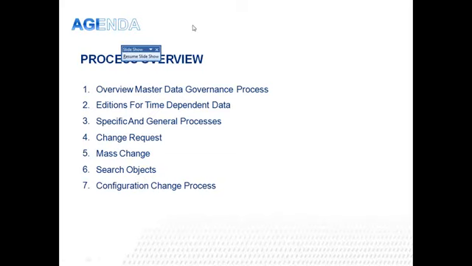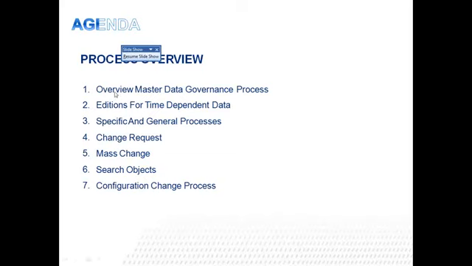In the agenda here we discuss all about the process, how the connectivity happens, what the different staging areas are, what is staging area and active area. All these concepts we see in detail, and when you create the change request, how the record gets committed, all these things we can discuss.